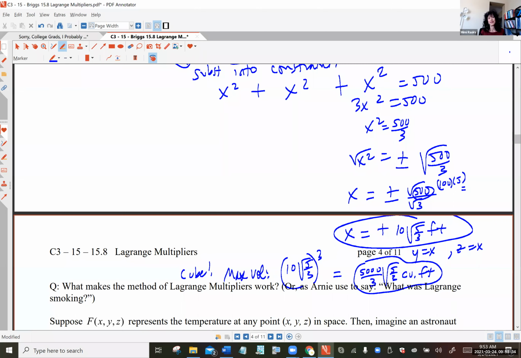The box is a cube. So they gave us 1,000 square feet of material. They asked us to maximize the volume for a rectangular box, and it turned out the box is a cube. All the dimensions are equal. That's how we're going to maximize this volume for this box. Lovely. And we're done. Yay.